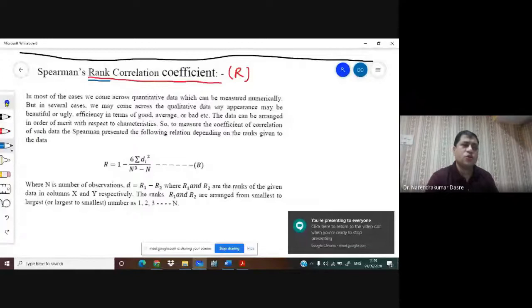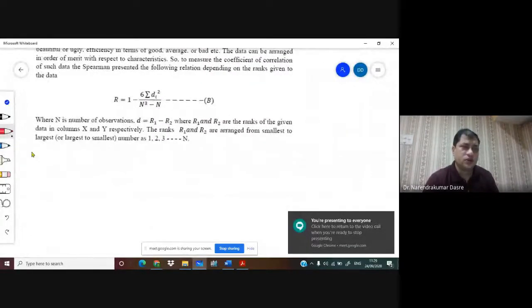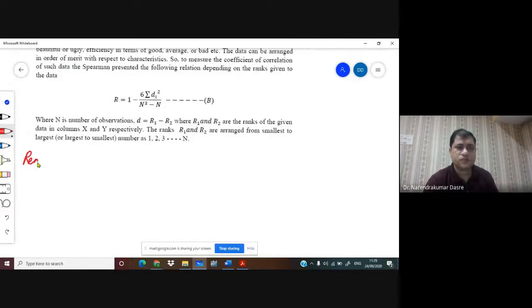Moreover, we have one similar property in small r and capital R. So what is that similar property? What is the remark we have?